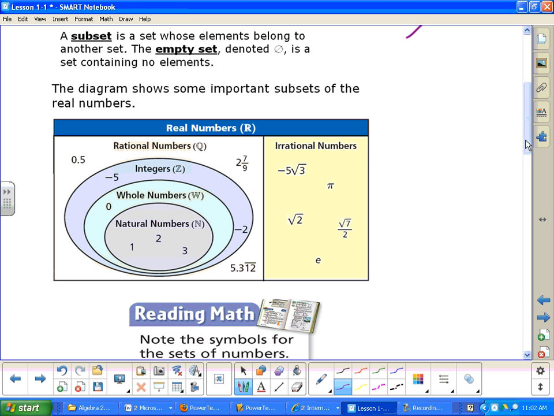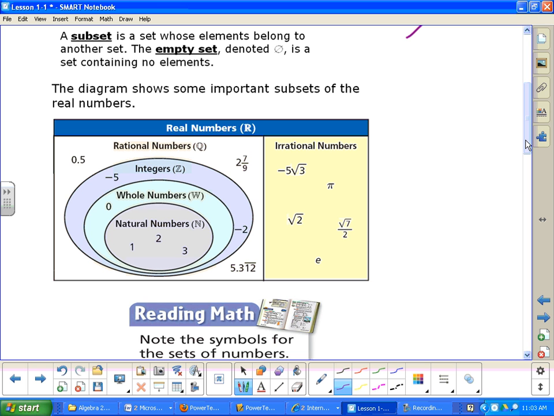Okay? Under rational numbers, there are other subsets. Integers, which are represented by the letter Z, are positive and negative whole numbers. So 1, 2, 3, 4, 5, 0, negative 1, 2, 3, negative 85, negative 400. Those are integers. Whole numbers are integers that start at 0, represented by a W. And then the natural numbers are the smallest subset, which start at 1: 1, 2, 3, 4, 5, 6, and so on.